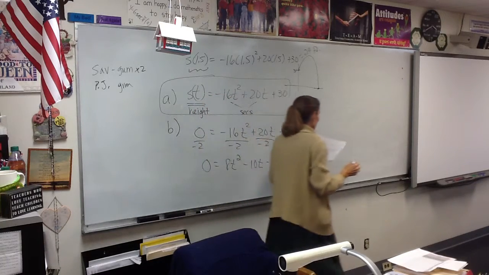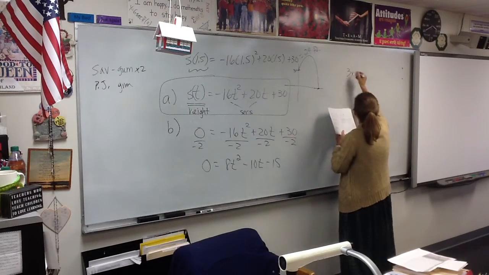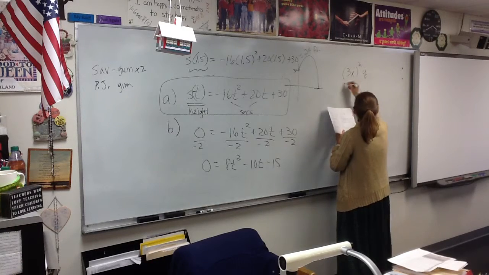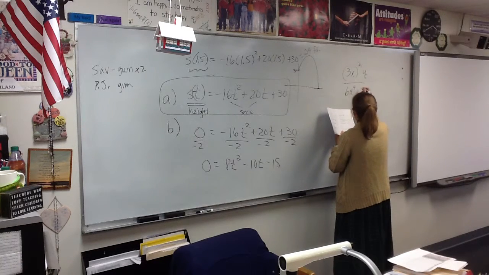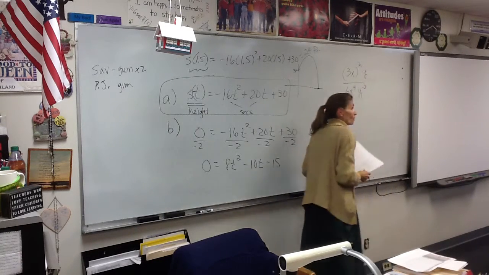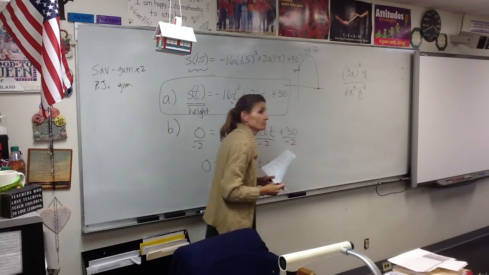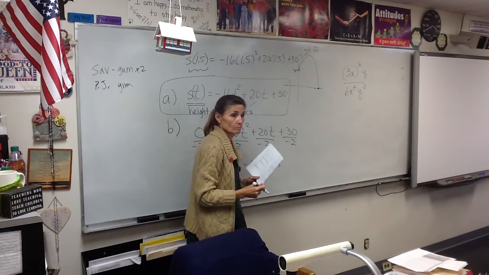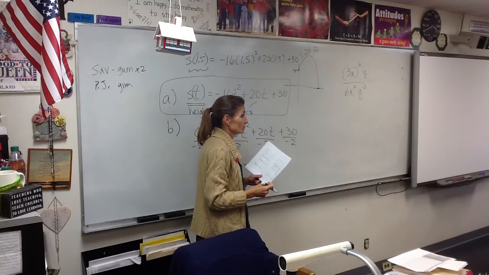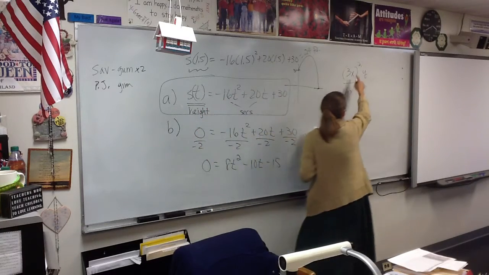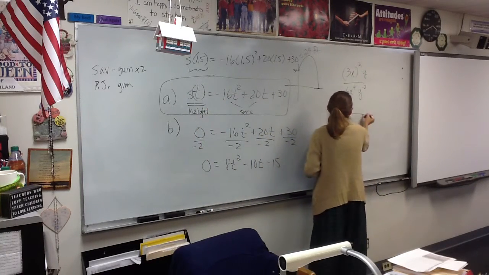Number 8, simplify. All right, how do we start? What do we do first? Got to take care of this, right? So be careful. That's going to be 9x squared.